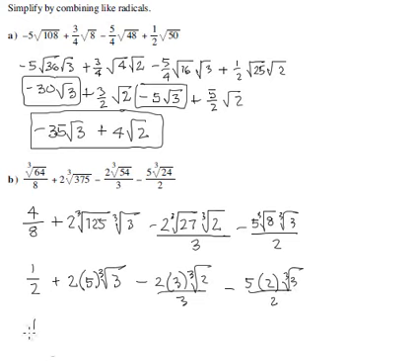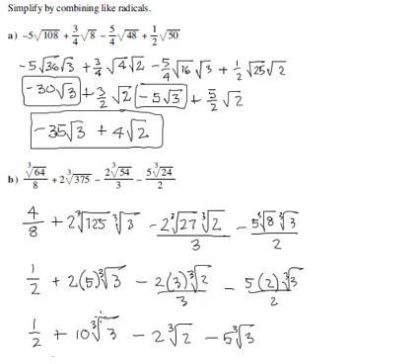So 1/2, 2 times 5 makes 10, cube root 3, minus 2 times 3 is 6, divided by 3 is 2, cube root 2, and then 5 times 2 is 10, divided by 2 is 5, cube root 3.